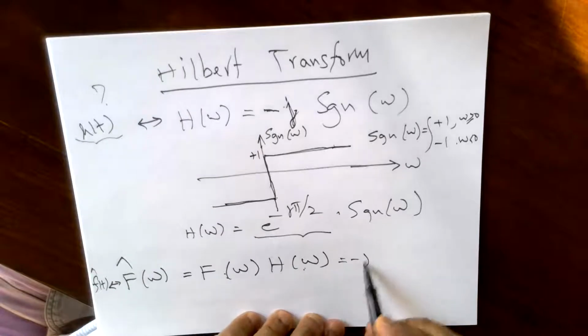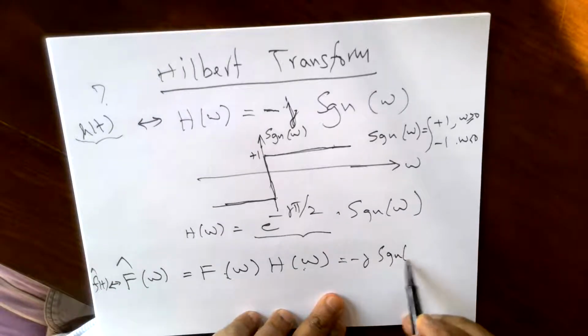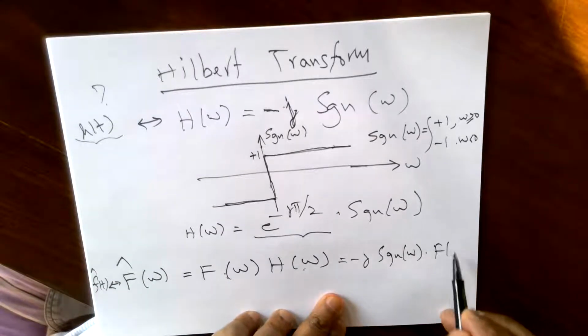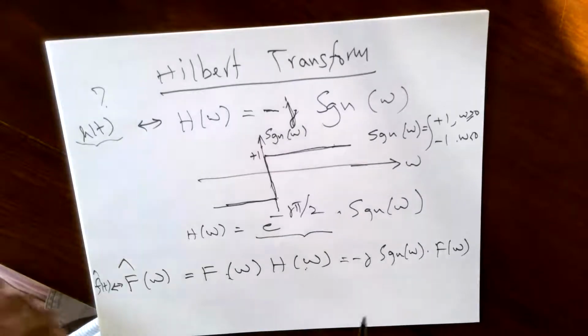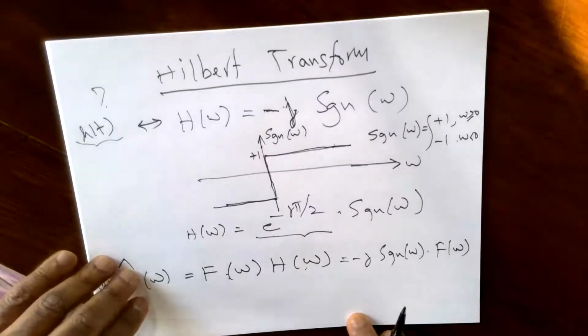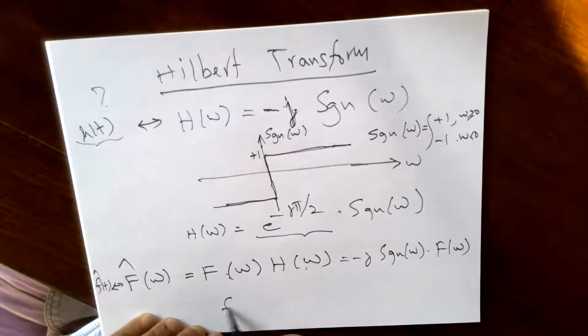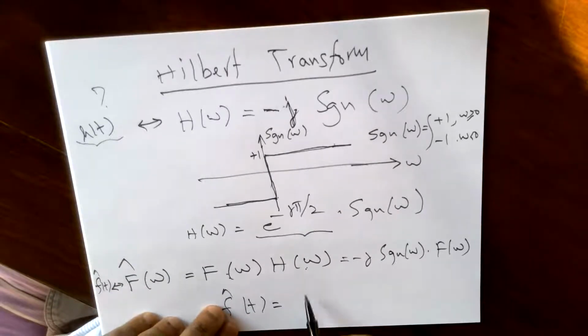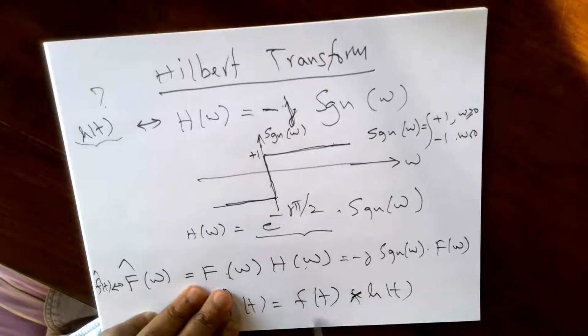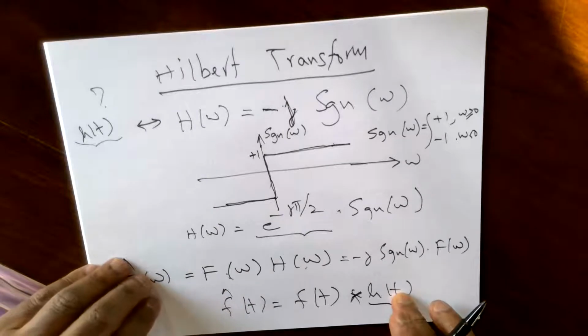So in any case, this is -j sgn omega multiplied by F omega. We can also write f hat of t as f(t) convolved with h(t). So if you want to implement it, you can implement it this way, provided you know what h(t) is.